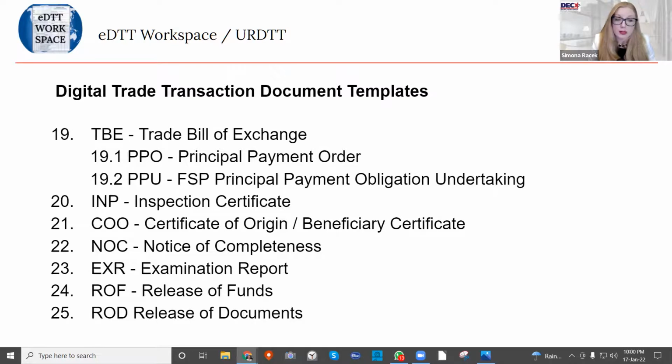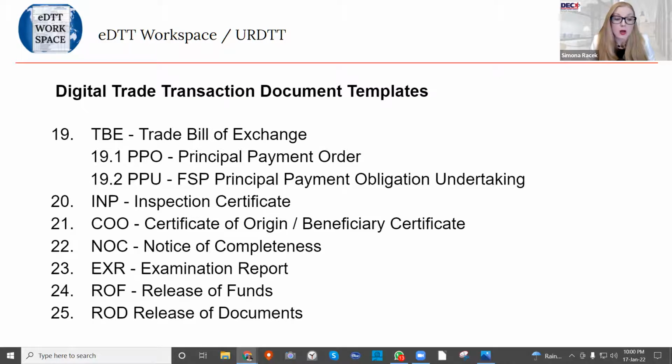You'll find templates for trade bill of exchange, including the new documents under URDTT, the PPO, Principal Payment Order, and the PPU, the Financial Service Provider Principal Payment Obligation Undertaking, all the way to Notice of Completeness, Examination Report Template, Release of Funds, Release of Documents.